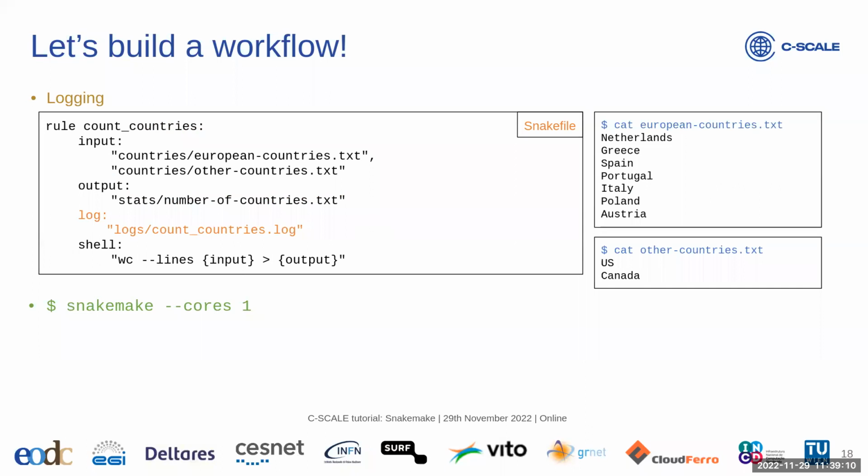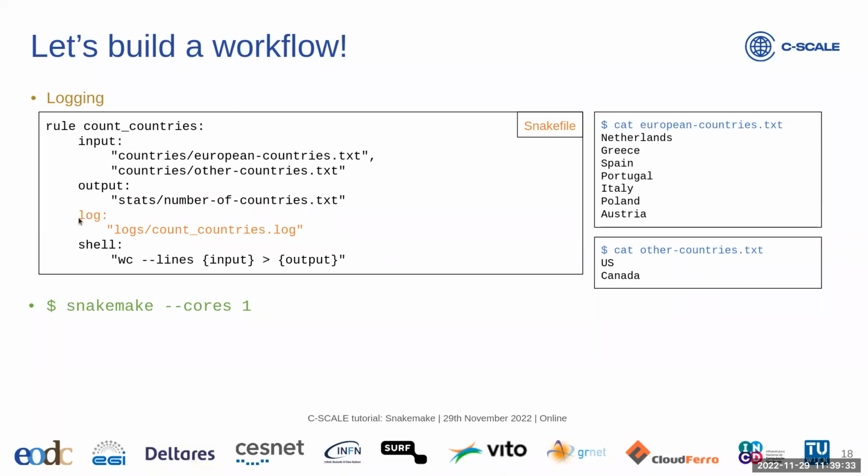Then, so I think more added values. I'm now going to go through a few add-ons which are very nice, and these are per rule. So for every rule in the snake file, you can have this. For example, what if you want to capture logs from the command that you run? This is very nicely integrated.